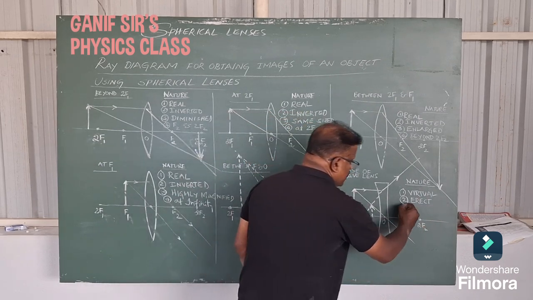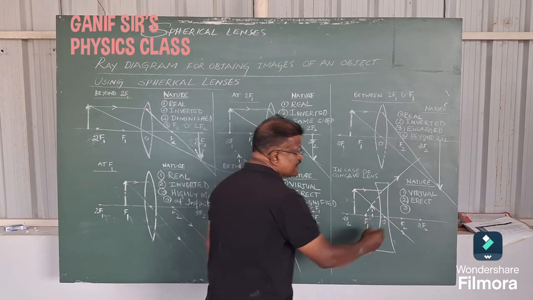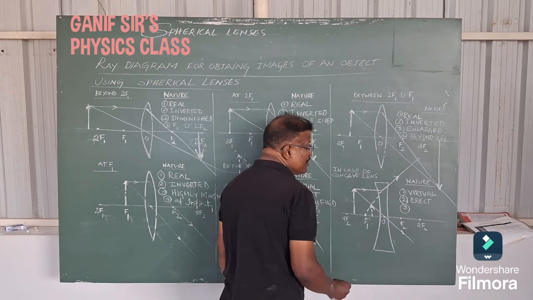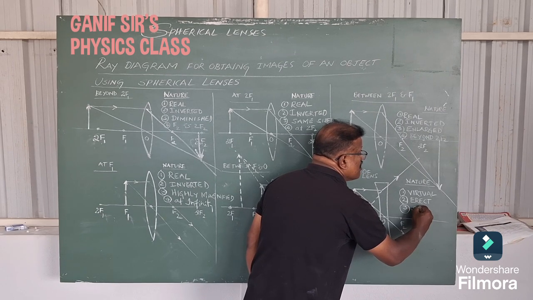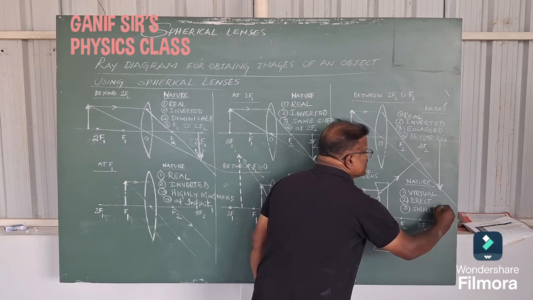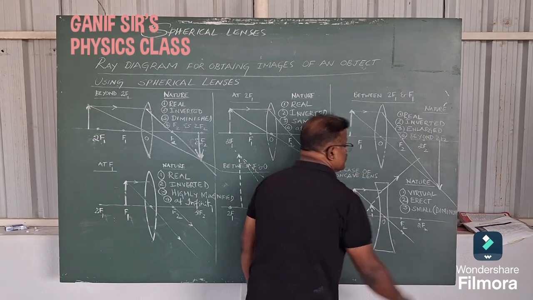And third one is regarding the size. The size of the image is smaller than the size of the object, so it's small, meaning diminished.